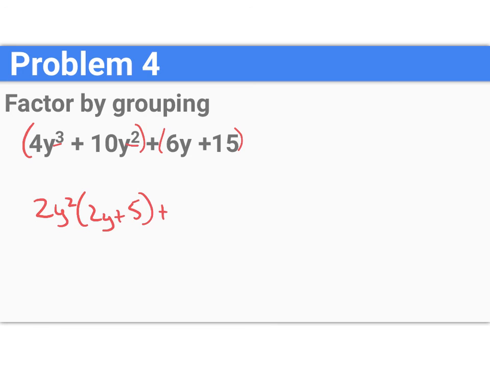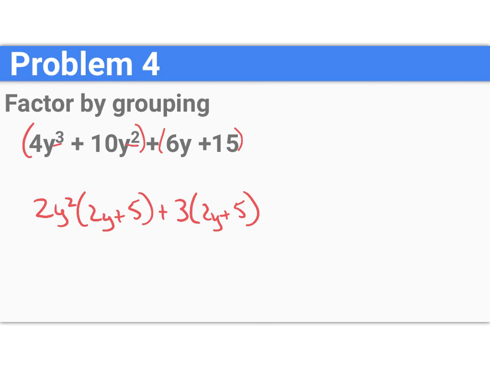Okay, so let's add our next term. What do we have in common? 2 doesn't go into 15. 3 goes in 2y. The 6 doesn't go into 15. So if I pulled out a 3, I get 2y plus 15 divided by 3 is 5.